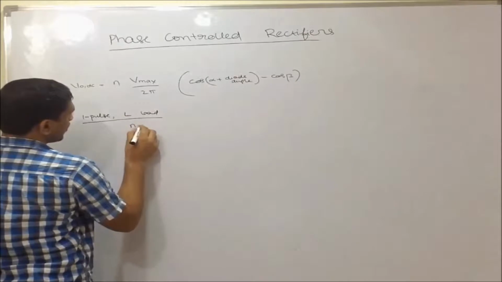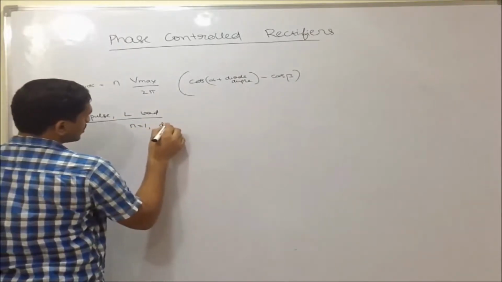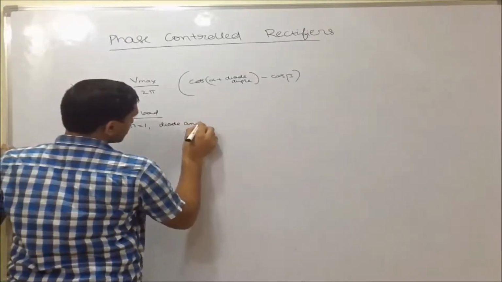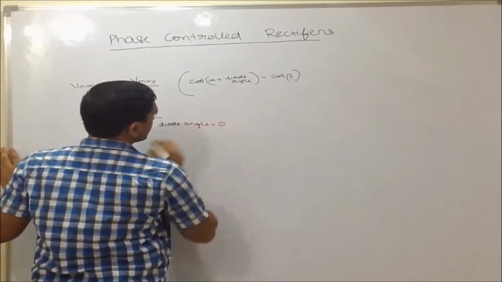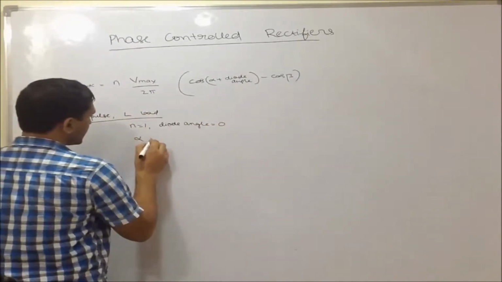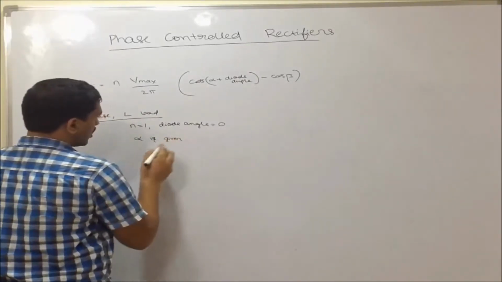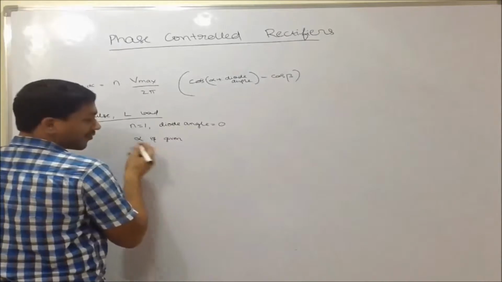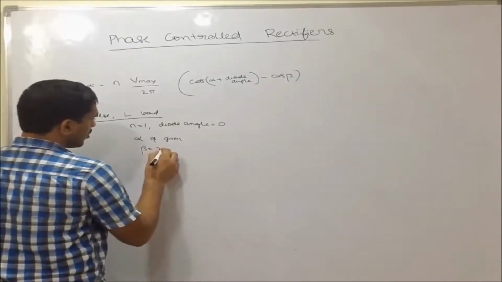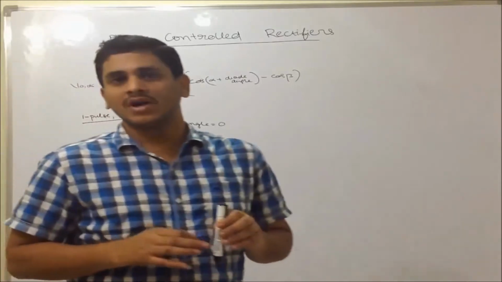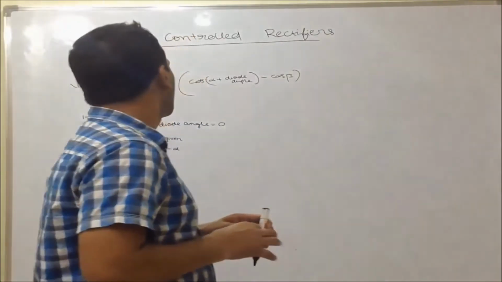So N equals 1, the diode angle is 0. Alpha is given. Beta we have found is 2 pi minus alpha.